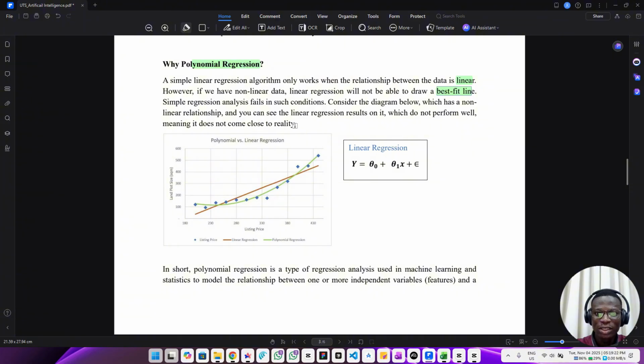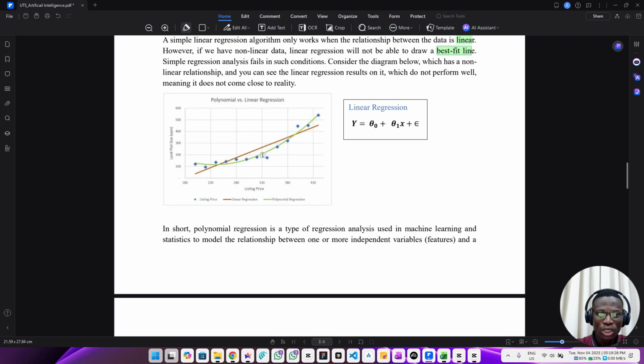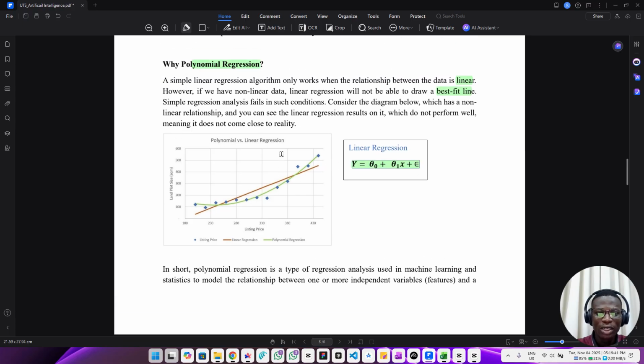You can see that linear regression does not perform well, meaning it does not come close to reality. The orange line is our linear regression line. This is the formula that we saw earlier.